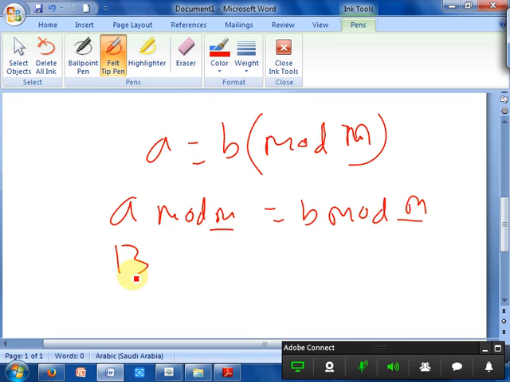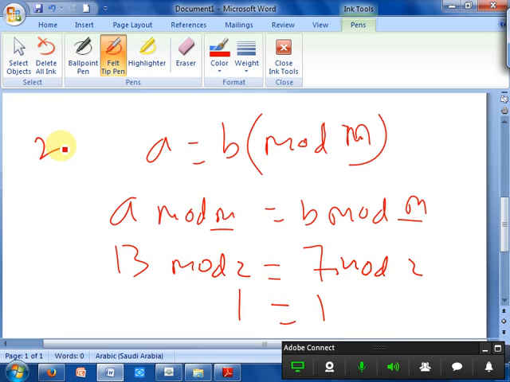A is given 13 and B is given 7, and M is greater than 1. Any 3 smallest integers, so you go after 1. What is the smallest one after 1? 2. You check with 2: 13 mod 2 and 7 mod 2, remainder 1, it is 1. So you take 2. Both are equal.